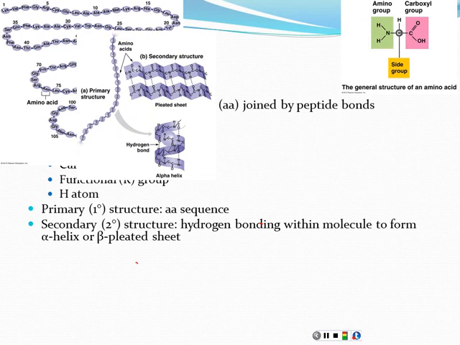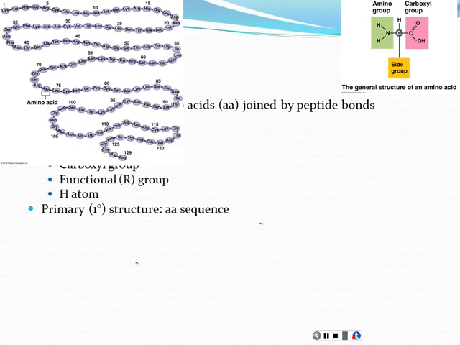So this was a covalent bond between these two amino acids. But if this leucine forms some sort of interaction with this tryptophan over here, now we're forming a different type of bond.